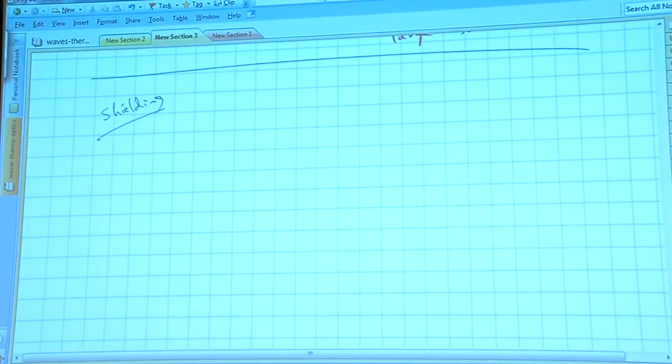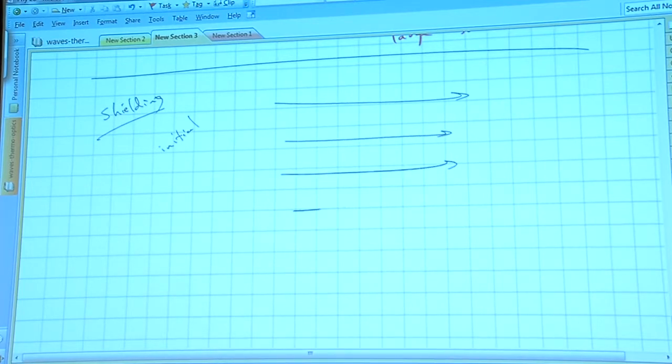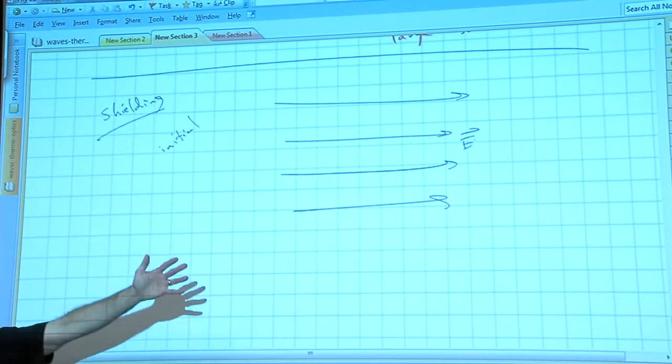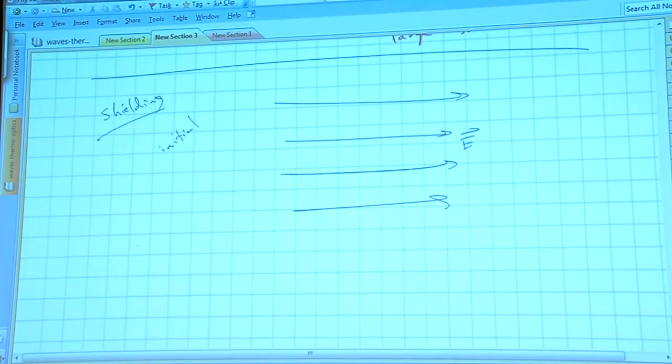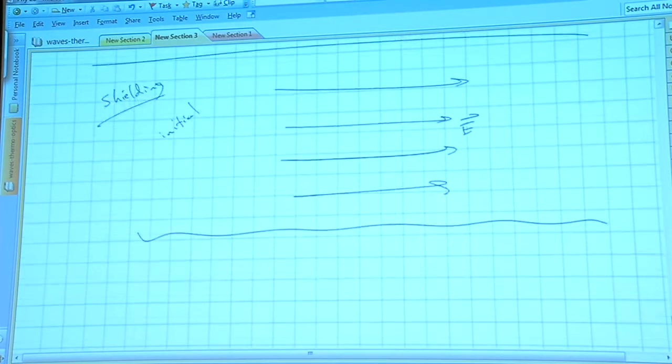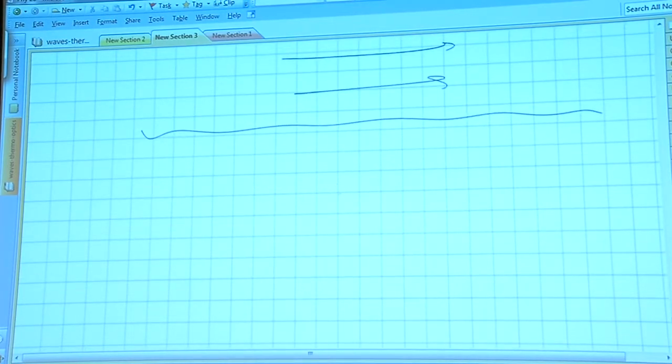And if we had a region of space that initially looks like this, has a nice uniform electric field left to right across it, and then we put a conductor in there. Doesn't matter. Circular conductor. Let's just make it a solid.